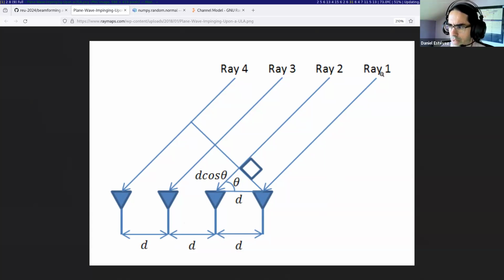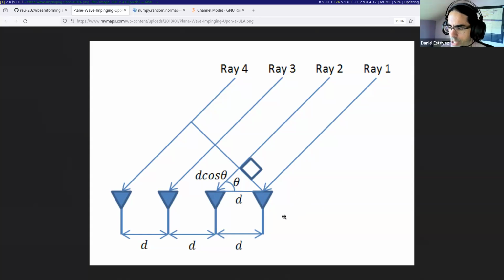So we have a signal, and it's originated from a source which is very far away, and that means that the signal arrives on these parallel rays to all of the antenna elements.